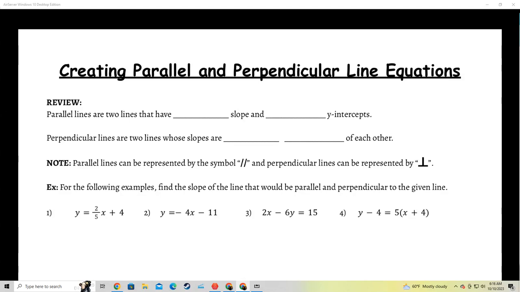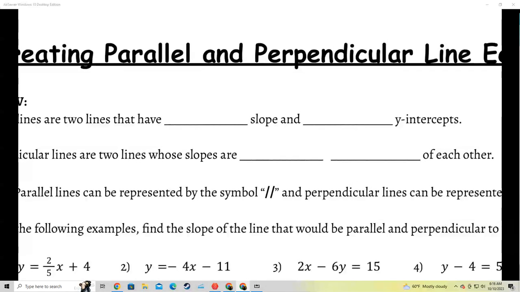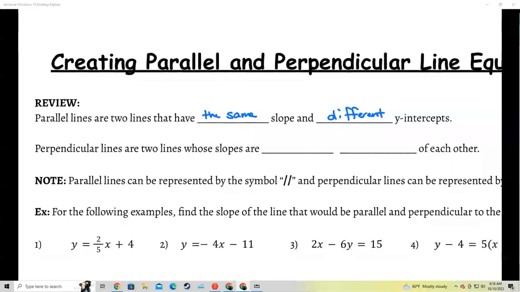Parallel lines are two lines that have the same slope and different y-intercepts. Perpendicular lines are going to be two lines whose slopes are opposite reciprocals of each other.